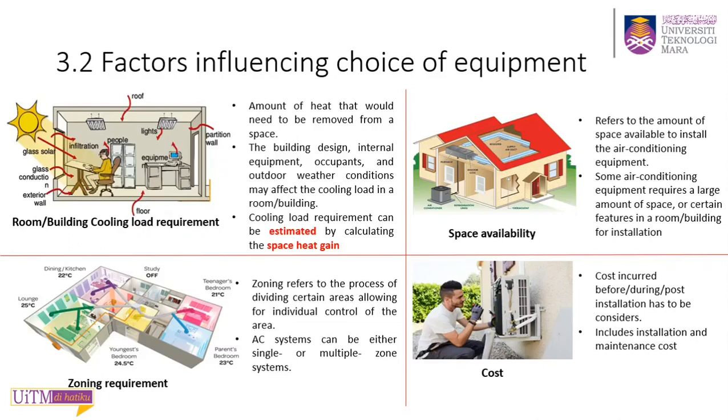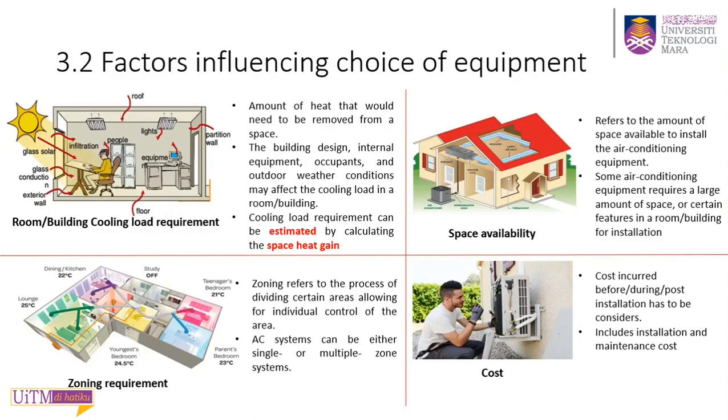Other systems might require a large area for installation and operation, such as package and centralized air conditioning systems. Some buildings or residential houses might require ceilings if there is the need to install air distribution systems.